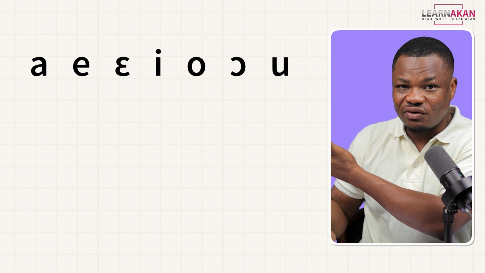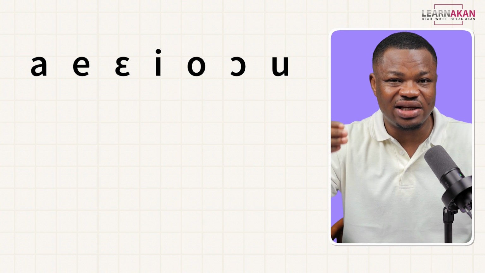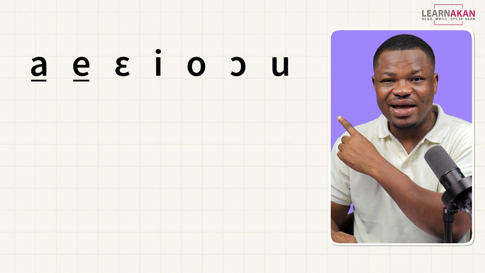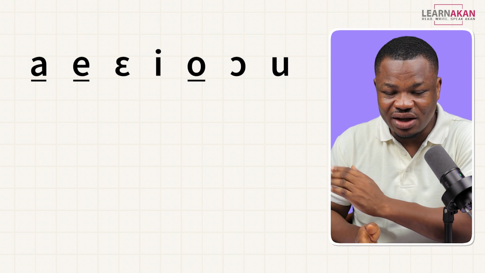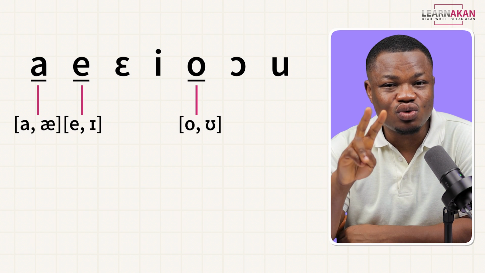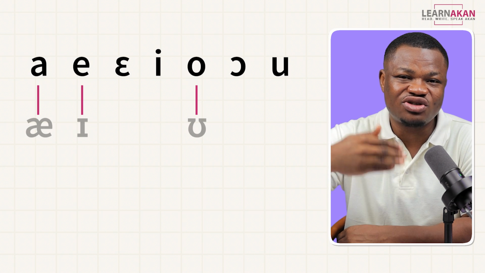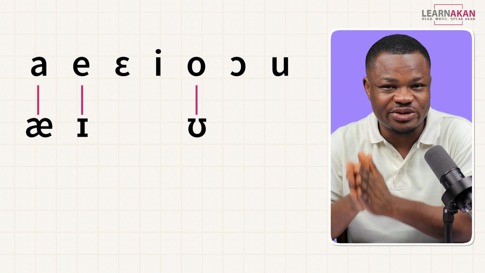And those 3 vowels are the A, the I, and the O vowels. So when we add the extra 3 to the 7, we get 10 vowel sounds in total.